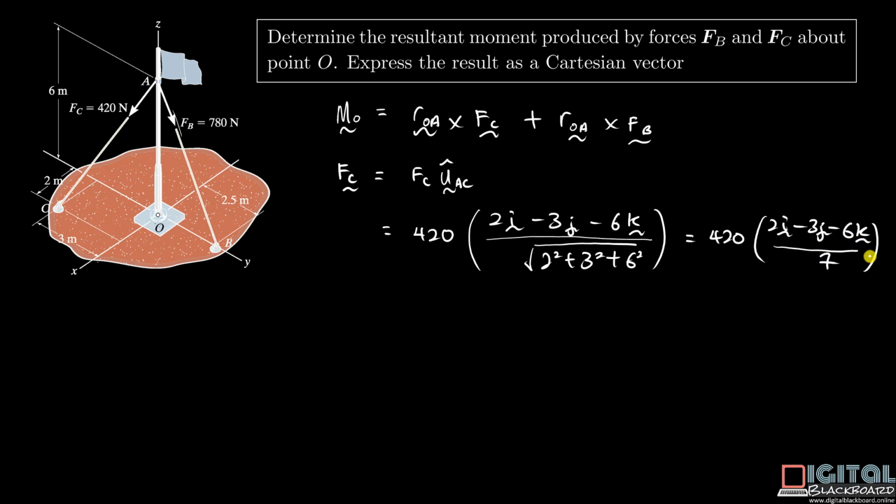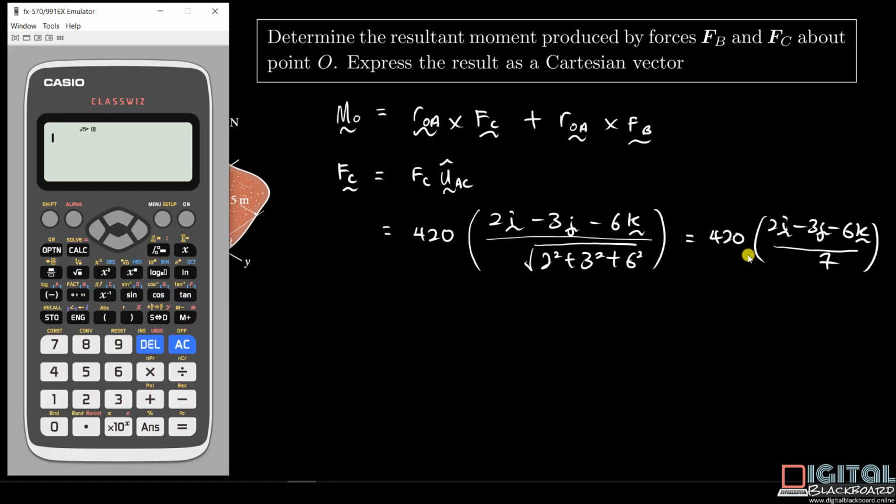Now at this point, instead of calculating the multiplications one by one, I'm going to use our Casio ClassWiz to compute this scalar vector multiplication. So this is our ClassWiz Casio fx-991EX emulator. First, we need to enter this vector 2i minus 3j minus 6k into the calculator.